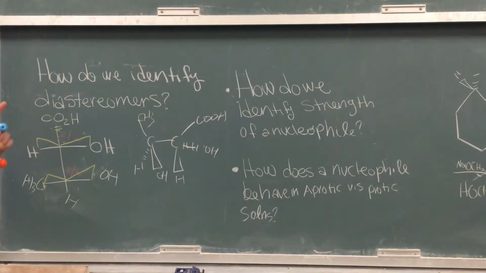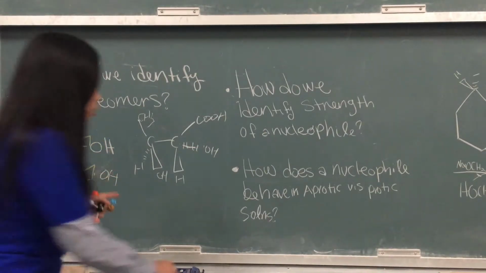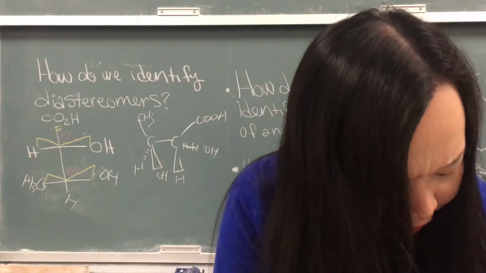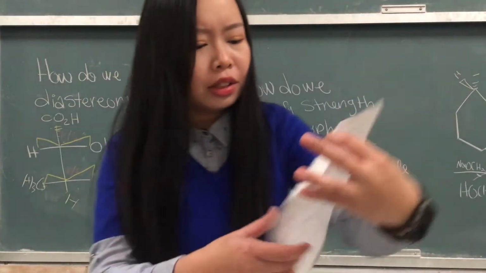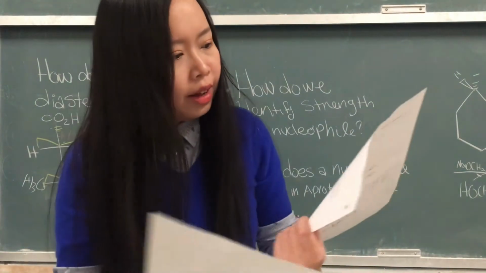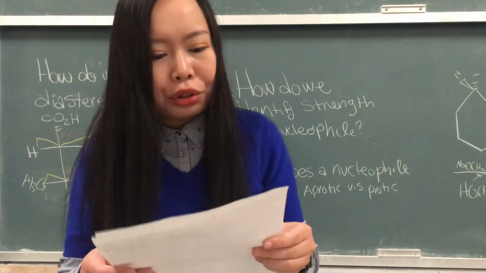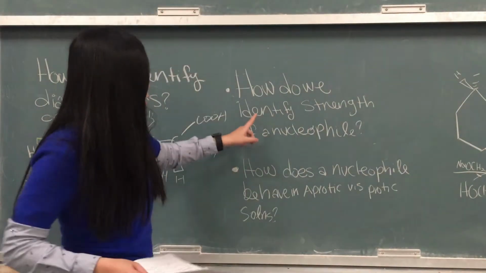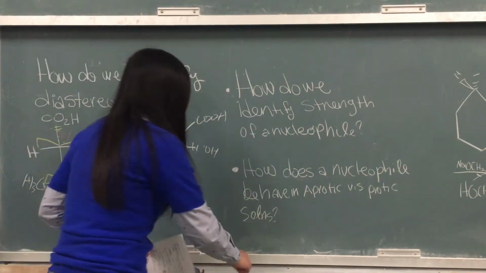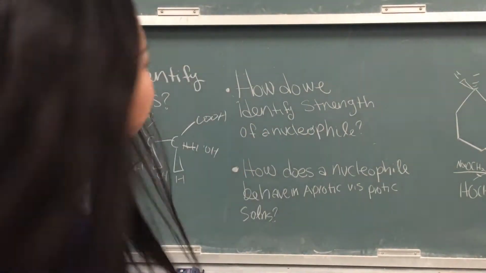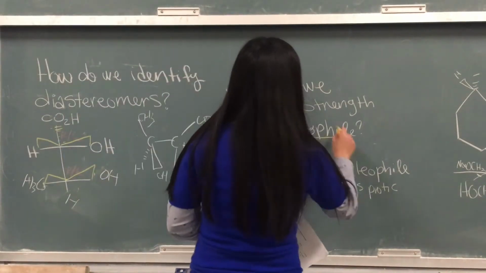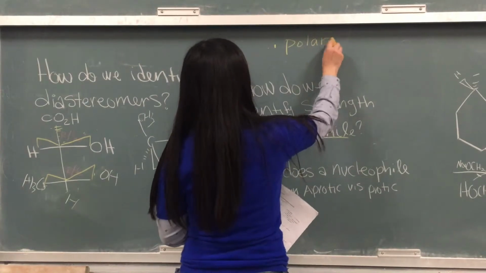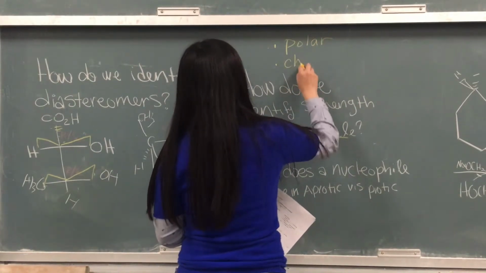How we identify the strengths of a nucleophile is exactly on your note 6, on the page of nucleophile and base. This is the strength of a nucleophile. Where's my yellow? It only depends on whether it's polar or not, and whether it has a charge or not.